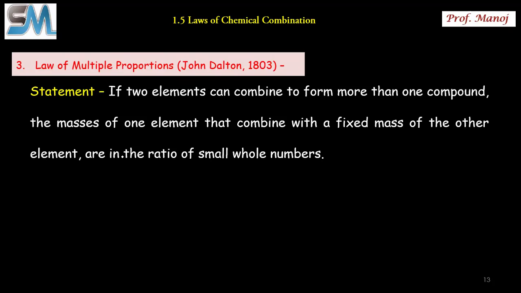If two elements can combine to form more than one compound, the mass of one element that combines with the fixed mass of the other one will be in a ratio of small whole numbers. Once again, unless we see the example, you may not understand. We are taking here 2-3 examples properly to understand the statement.